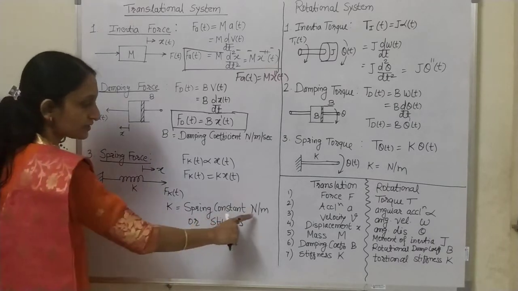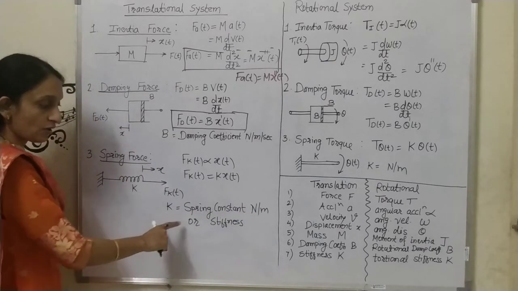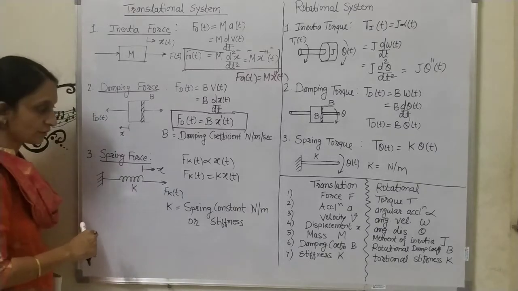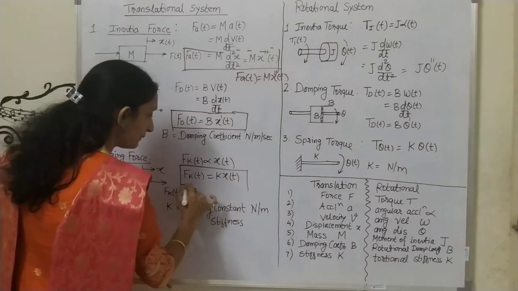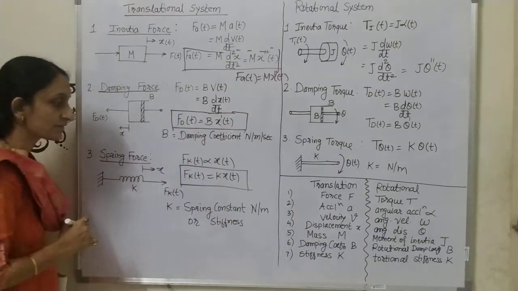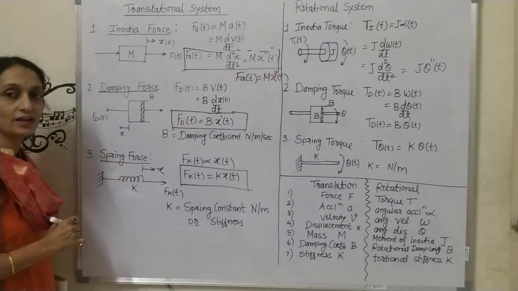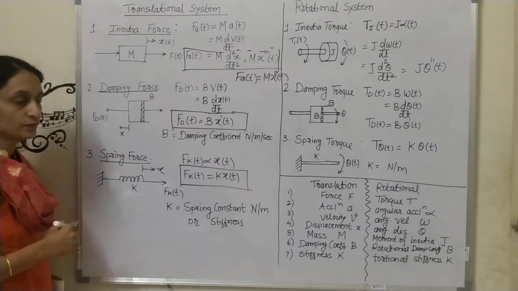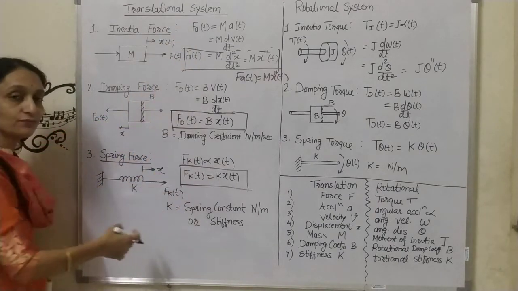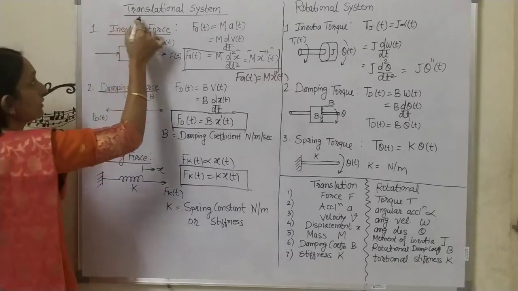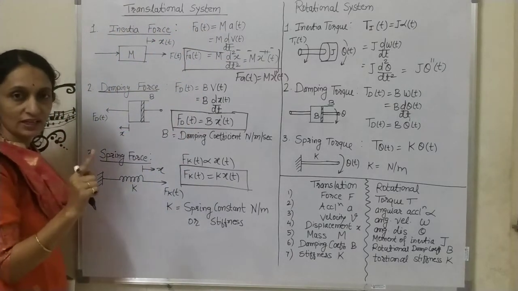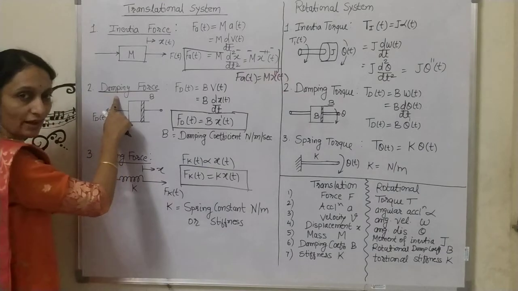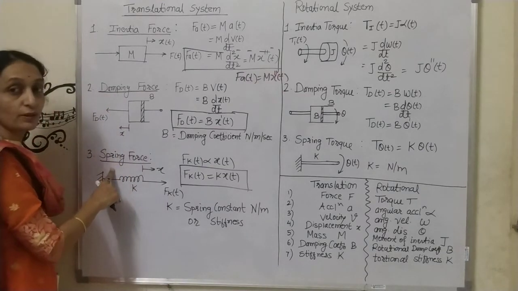The unit of spring constant is Newton per meter, and it is also called stiffness. So the third force because of the spring is Fk of t equal to K into x of t. These three are the forces in the case of the translation system: number one, inertia force; number two, damping force; number three, spring force.